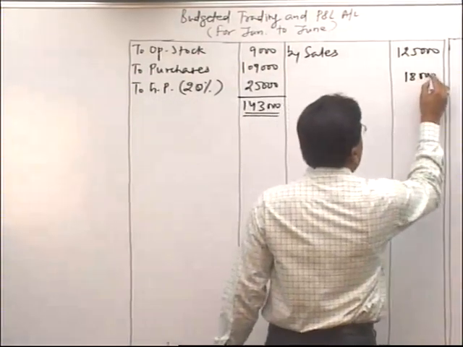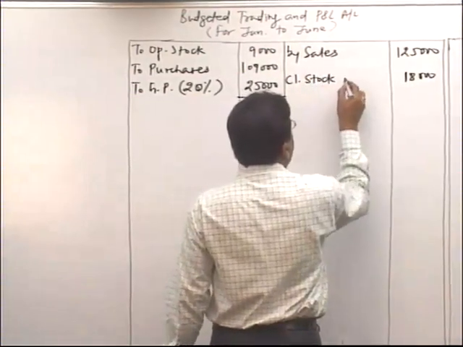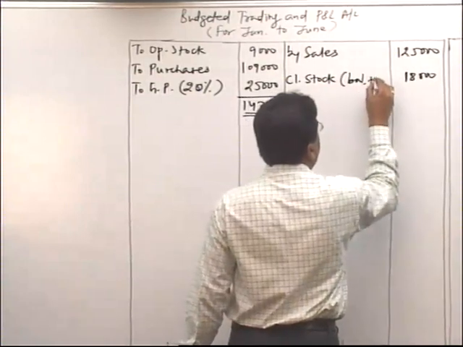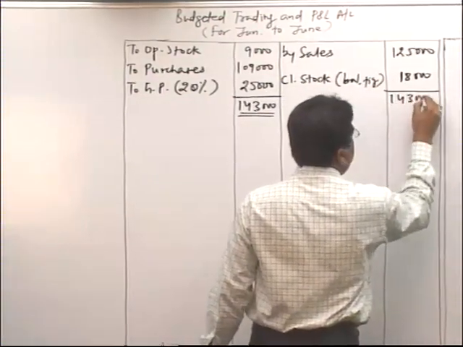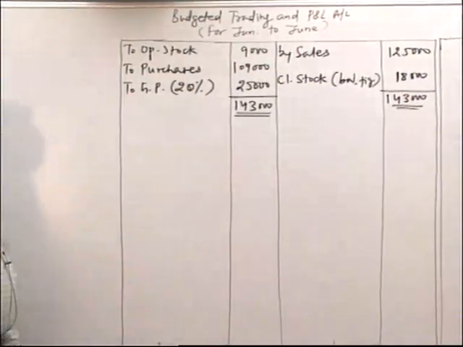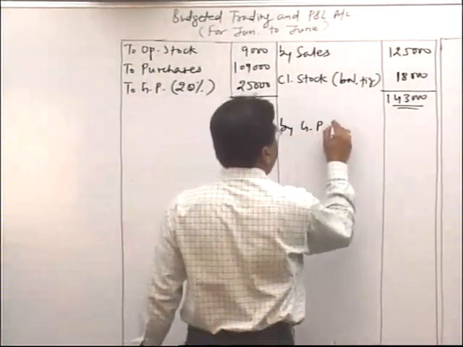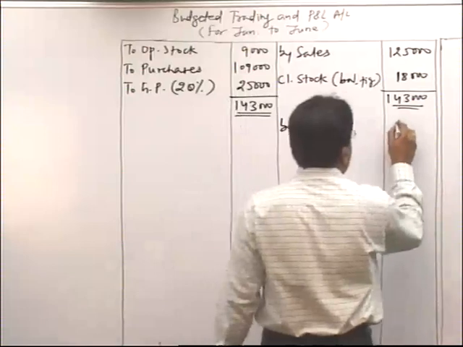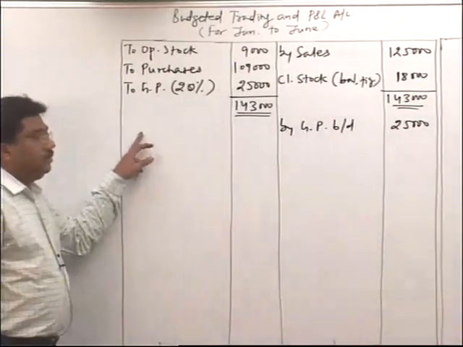So closing stock is 18,000, which is the balancing figure, difference of both the sides. Now bring down the gross profit, 25,000.